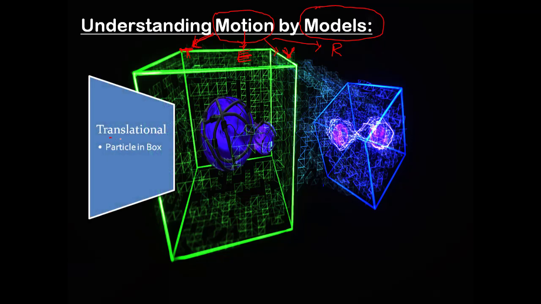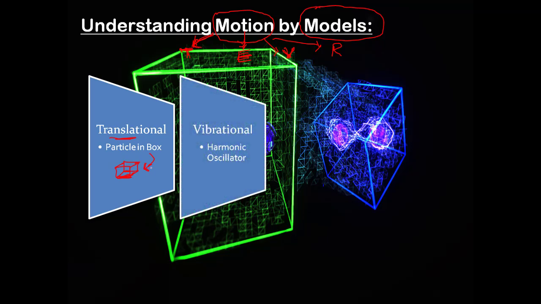To study translational motion, the model is the particle in a box. This box can be of one dimension, two dimensions, three dimensions, or higher dimensions. To study vibrational motion, we have the harmonic oscillator model.